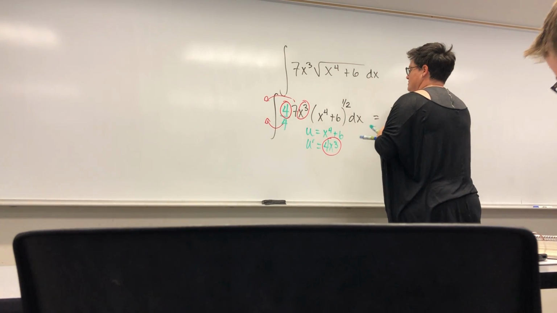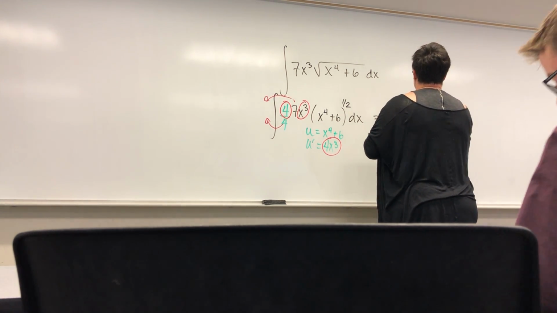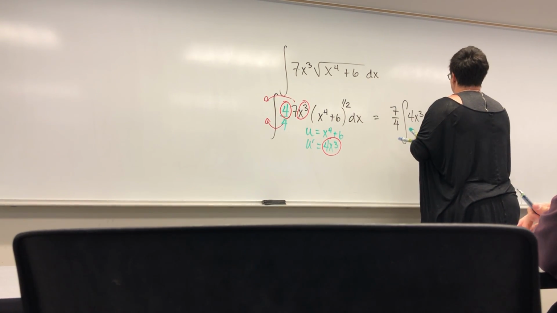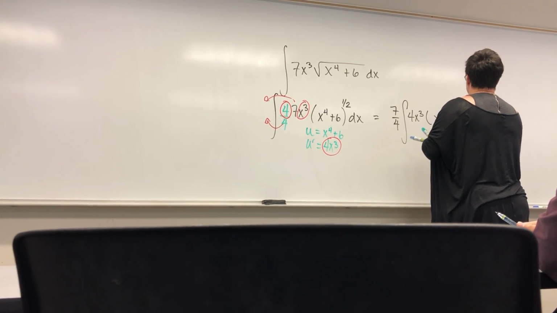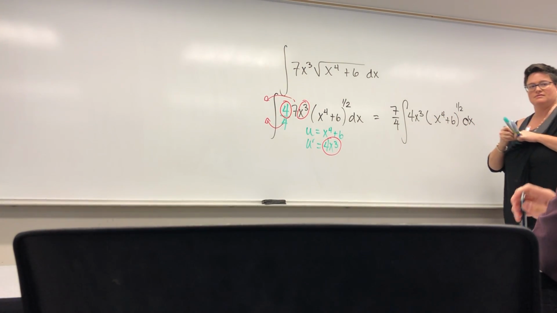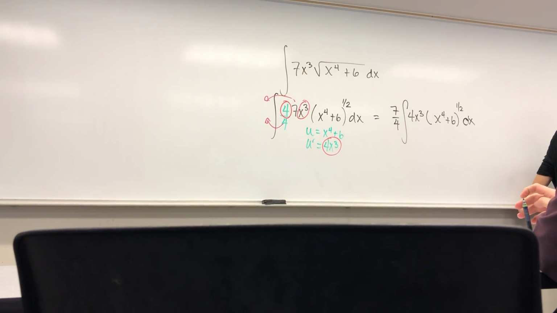So I'm going to get 7/4 integral 4x cubed times x to the 4th plus 6 to the 1/2 with respect to x. Right, guys? Memo, can you take it from here? Does it make sense, guys?